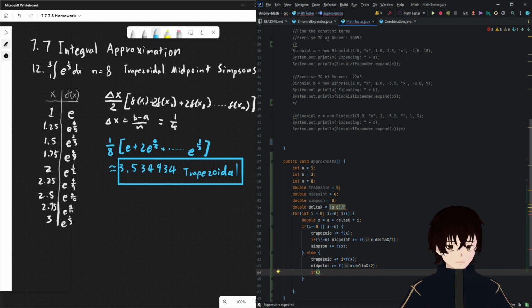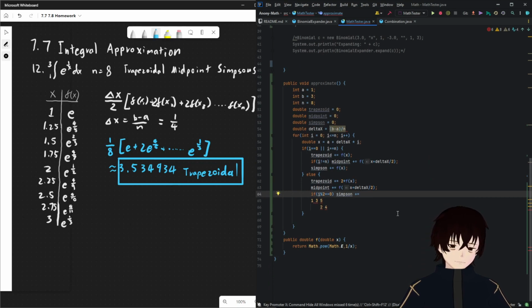Let's see, so we want index like 1, 3, 5, and 2, 4. If I is even, Simpson plus equals 2 times f of x.